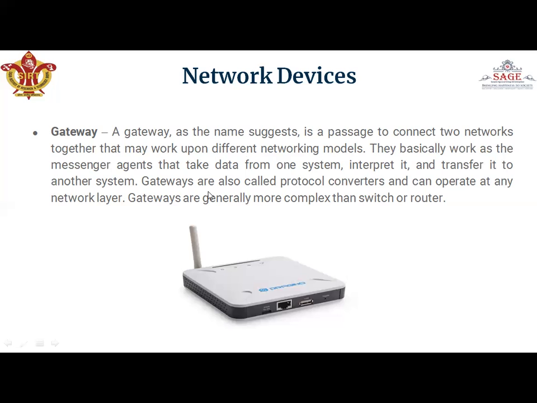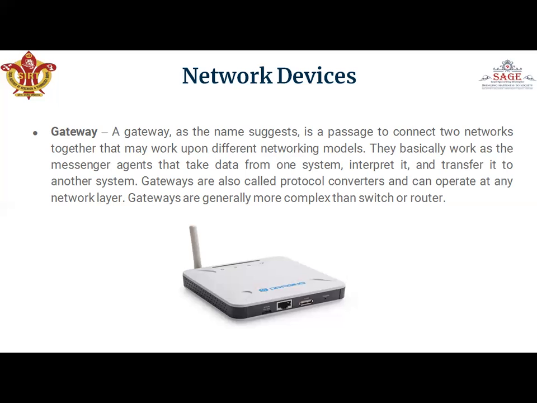Gateways are also used to transfer the data packet by doing some kind of interpretation. As we have already seen in the definition, gateways are also called protocol converters. This is a very important line: a gateway is also called a protocol converter. Why? Because this device is used where different networking models are present.